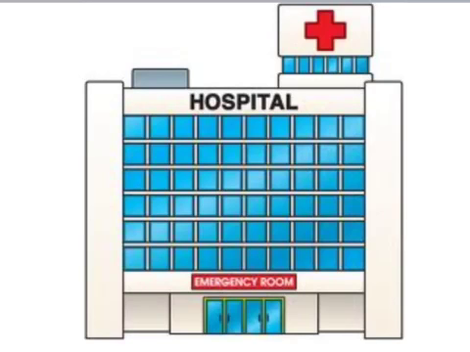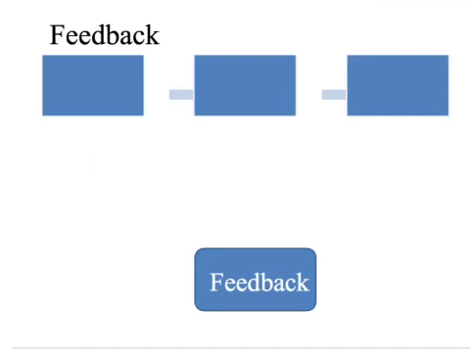Feedback. Feedback is a key component of any control system. We have here our input, which will be a sensor. We have here then the processing, and we have here our output.